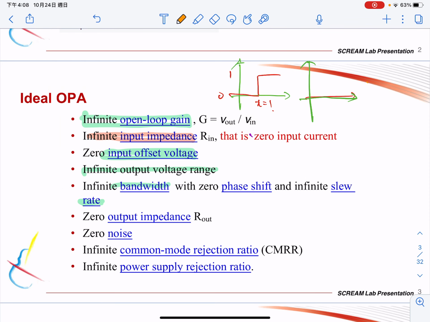So it is something like this. This is one type.